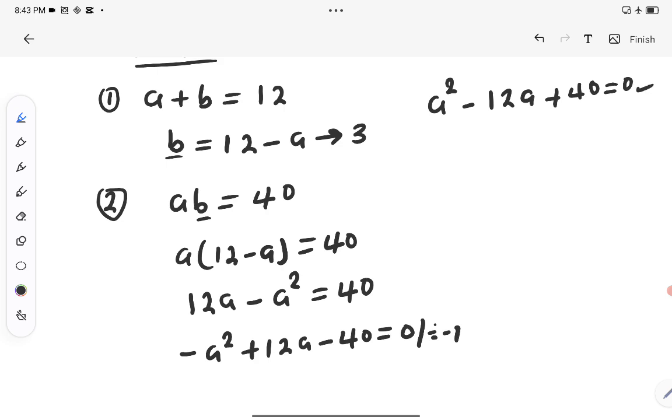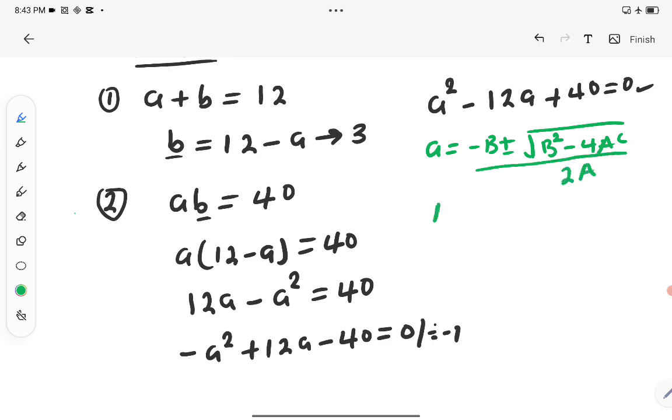This is a quadratic equation which can be solved using the quadratic general formula. Our quadratic general formula is giving us A is equal to minus B plus or minus square root of B square minus 4AC over 2A.